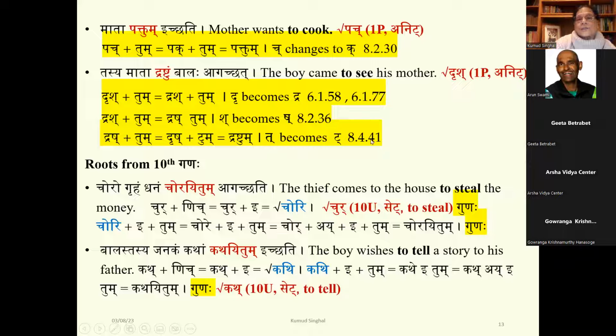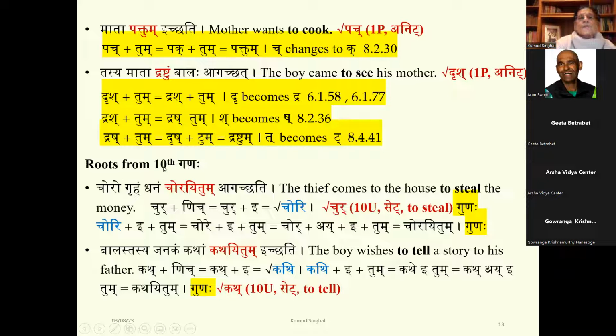Again, by this rule, drash becomes drashtum. You should know that the tumun form of drish is drashtum, and these are the rules which apply to get this form.